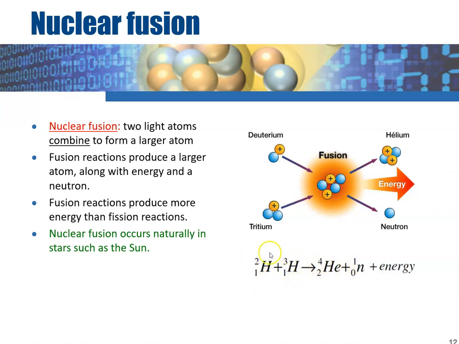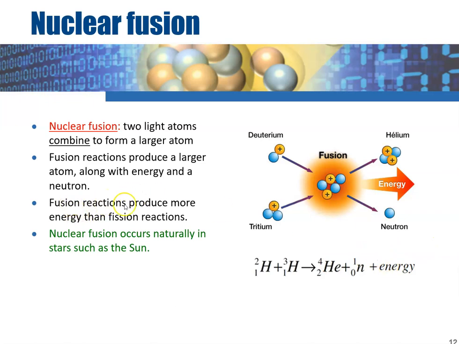If I found the mass of this nucleus plus the mass of this nucleus, it would be more than the mass of this nucleus, which means just like a fission reaction, there's going to be some missing mass. And if there's missing mass, we can still use Einstein's equation E equals mc squared to calculate the amount of energy that is going to be released in such a reaction.